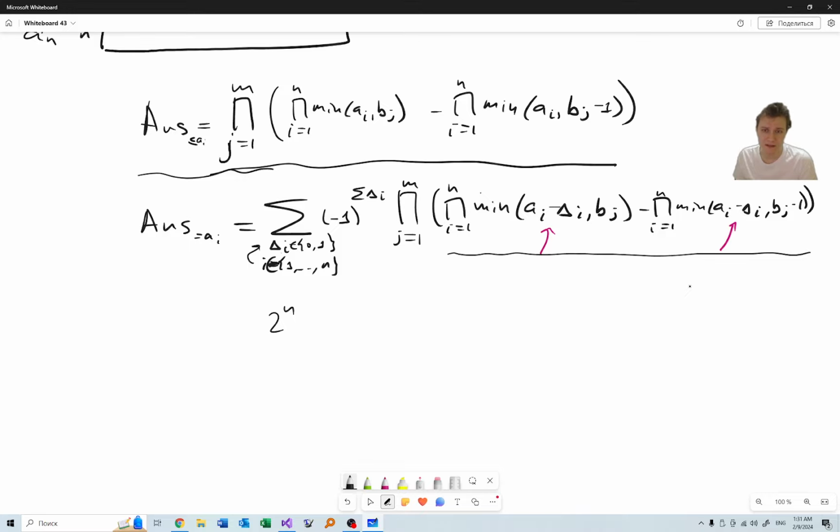When does it have a common multiplicand? It has it when ai minus delta i is at least bj. Why is that? This is because we can eliminate it from both products.